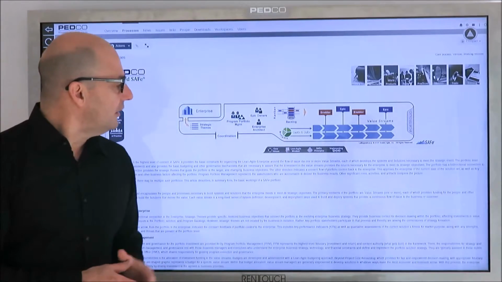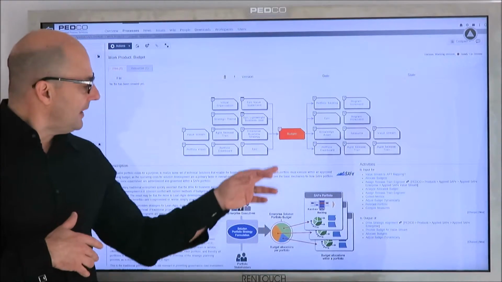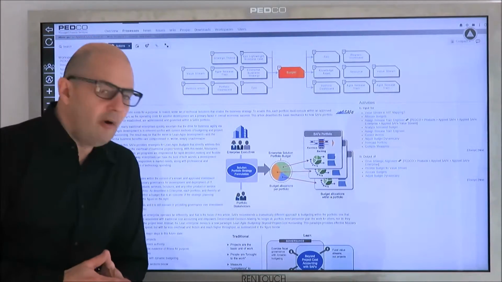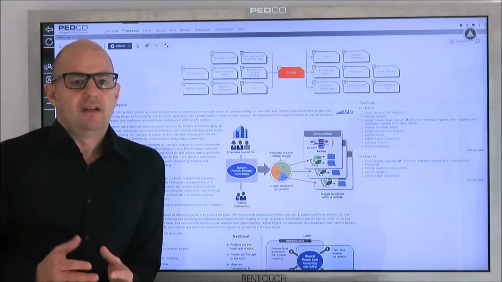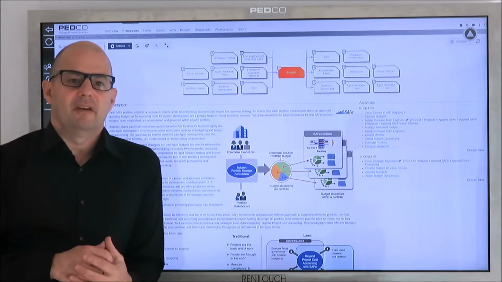If we take a closer look at the budgets, we see that we may have several instances of portfolio in one SAFe implementation, but today we only talk about one specific portfolio.